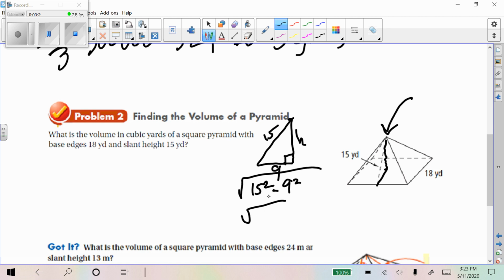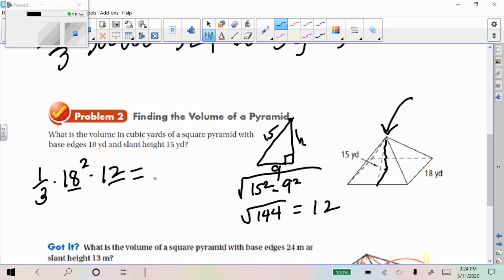And that is equal to the square root of 225 minus 81, which is the square root of 144, which is 12. So the height is 12. So now we can do 1/3 times 18 squared times 12, base area times height, and then 1/3 of that. And that gives us 1,296 cubic yards.